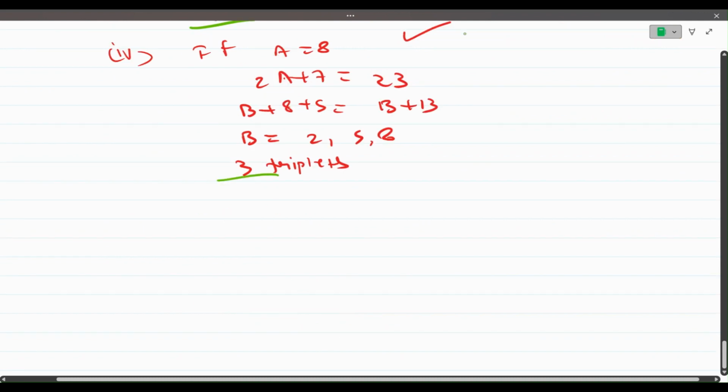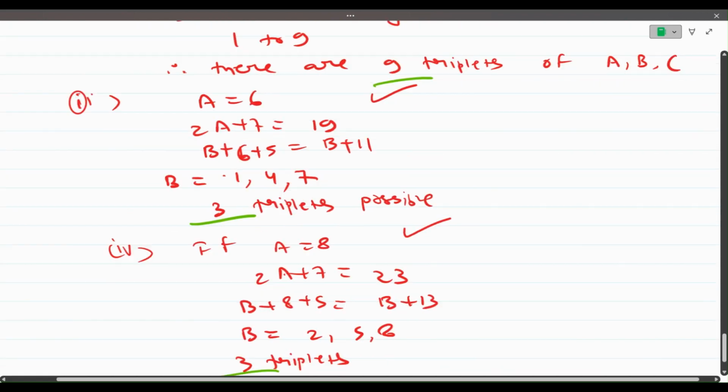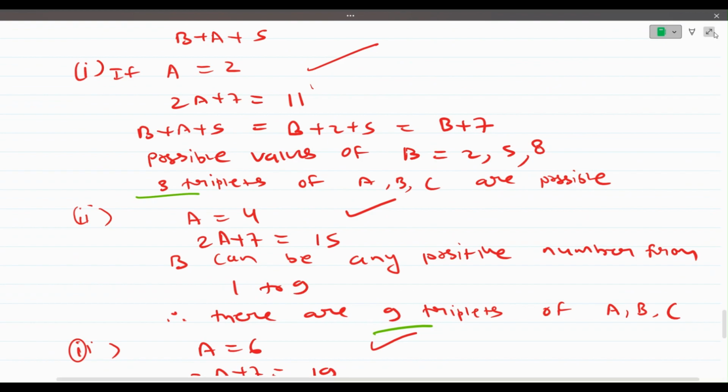So 3 plus 9 plus 3 plus 3, that's 18 triplets possible. 18 triplets are possible, okay, of AB.